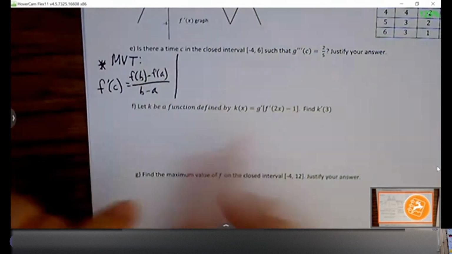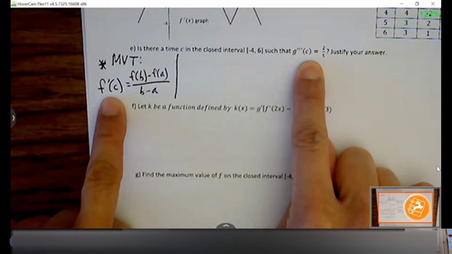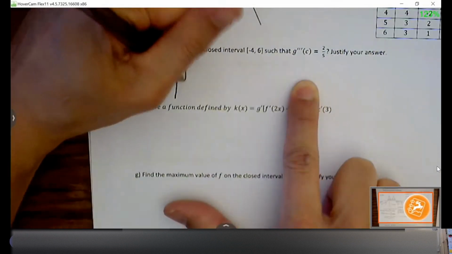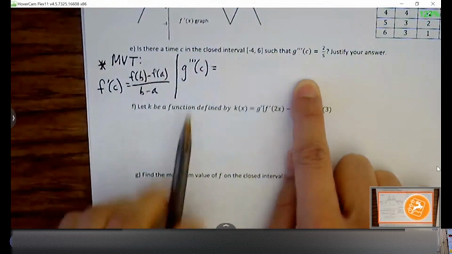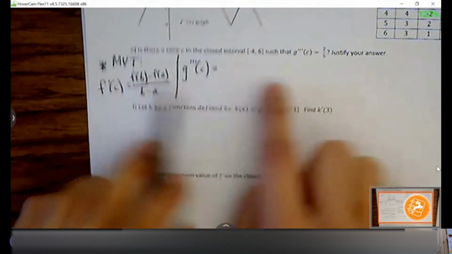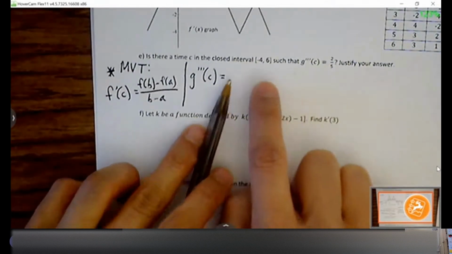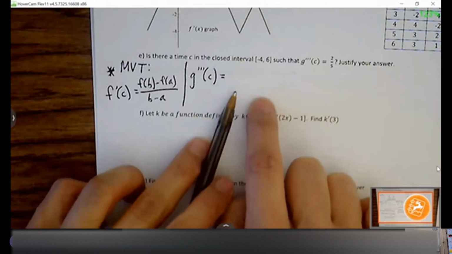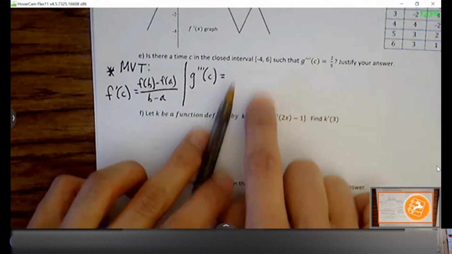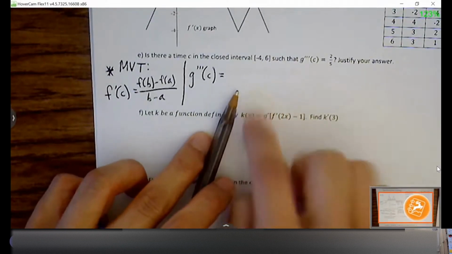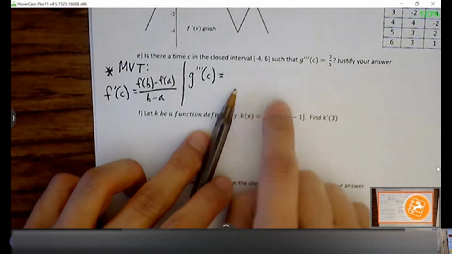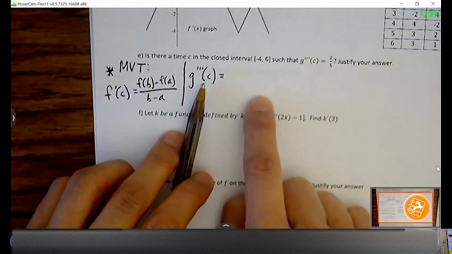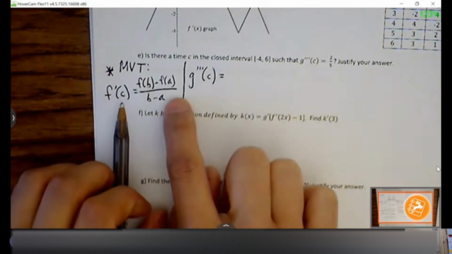But now we're trying to guarantee a g triple prime. So we can look at the second derivative, right? If we can figure out the slope of the second derivative graph to be a certain value, then we can guarantee that the slope of that second derivative function must have that specific number as well. So we're just going to adapt it, right?